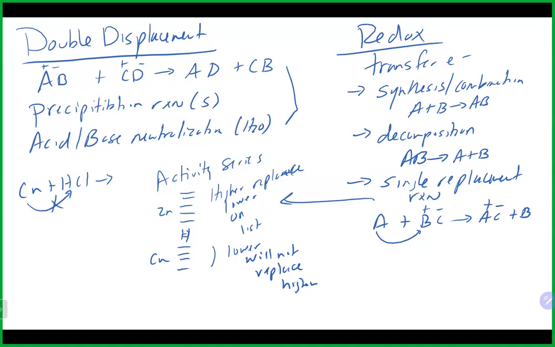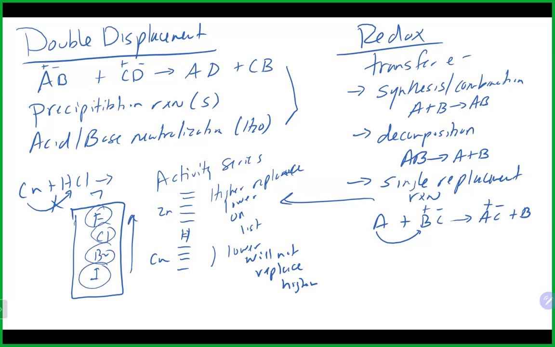We actually did an activity series in that experiment we were talking about with the halogens, if you remember, and most of the nonmetals is our group 7, where we have fluorine, chlorine, bromine, and iodine. If you remember when we did that, the reactivity increased as you go up. So fluorine is more reactive than chlorine. Chlorine is more reactive than bromine.